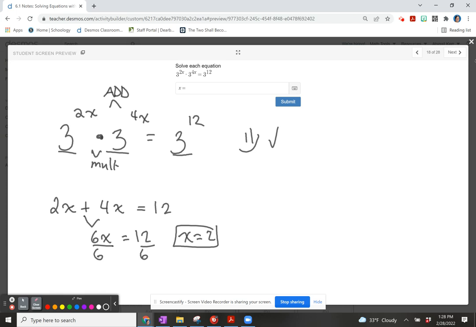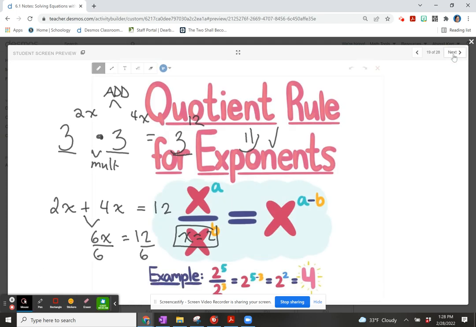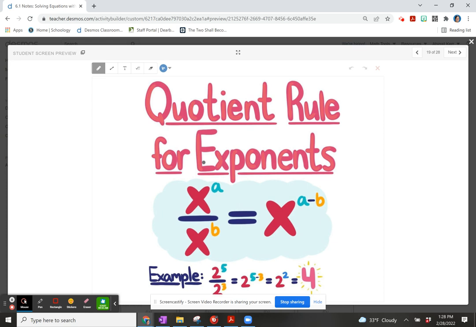Now that's not the only property that we're going to use. If you go to slide 19, we have the quotient rule. Quotient rule means whenever you're dividing the same base, it really means you are subtracting. So take the top exponent, write it first, and then 5 to the 1, which your middle school teacher may have had you write in expanded form.